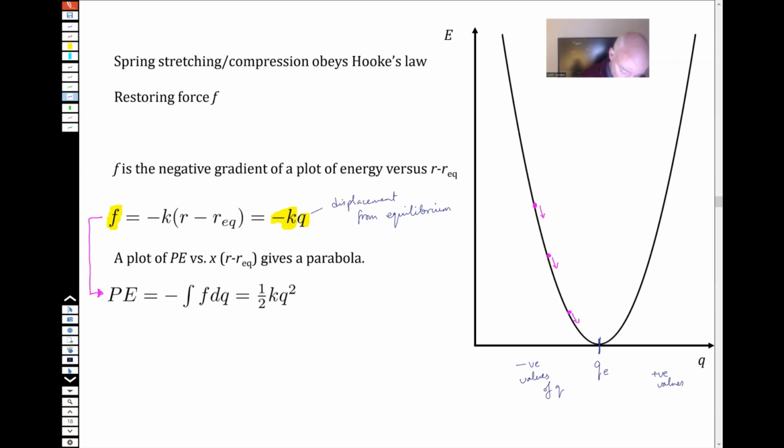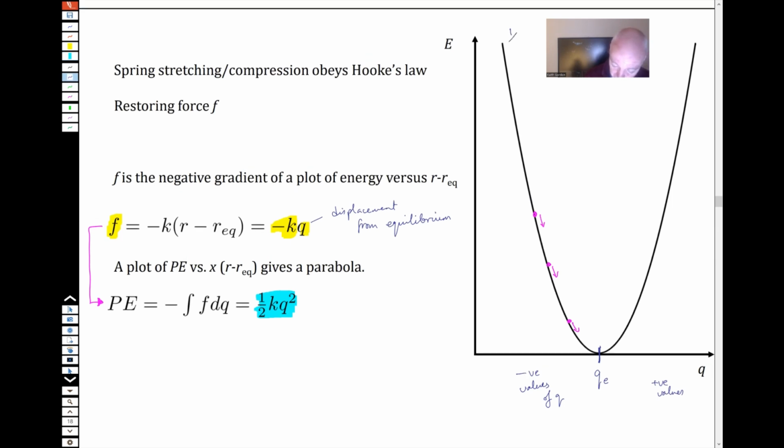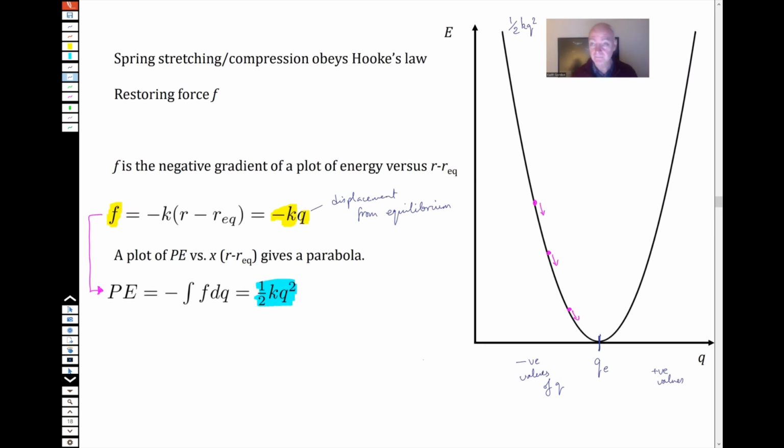I'm not expecting you to memorize this stuff, but the result is a half kQ squared. So it's going to give you a parabolic function, which is exactly what I've drawn here. This is a parabola, a half kQ squared, and that is because the restoring force is minus kQ.